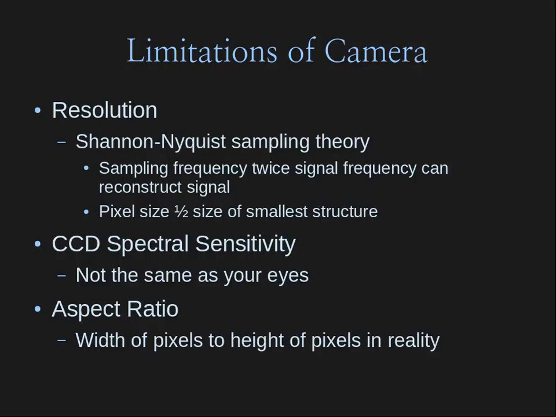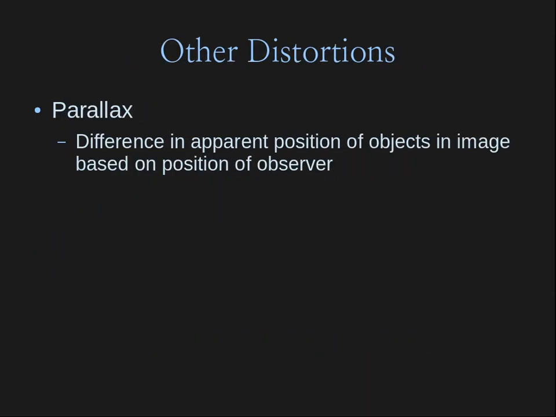So not always are cameras capturing a square pixel that is actually a square area of physical space in reality. And we'll come back to that in a few minutes and talk about how that can change things.